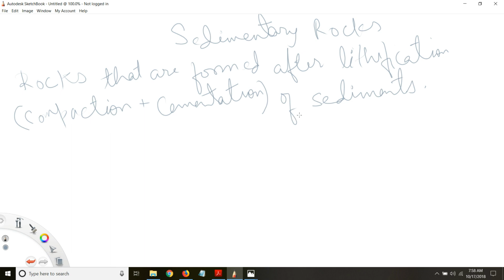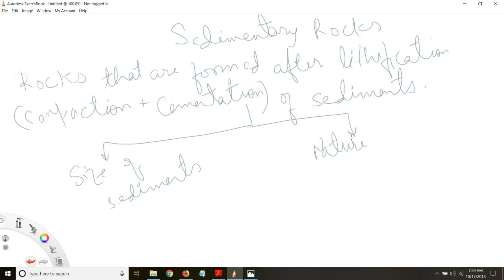And how do we classify sedimentary rocks? There are two major criteria on which we can classify: one is based on the size of sediments, and another one is based on nature of origin.